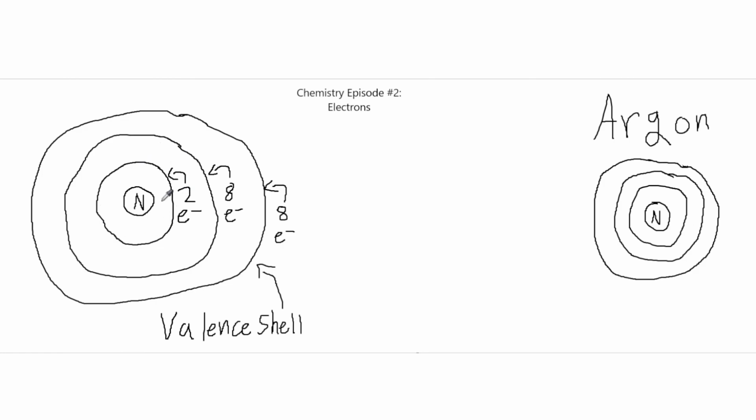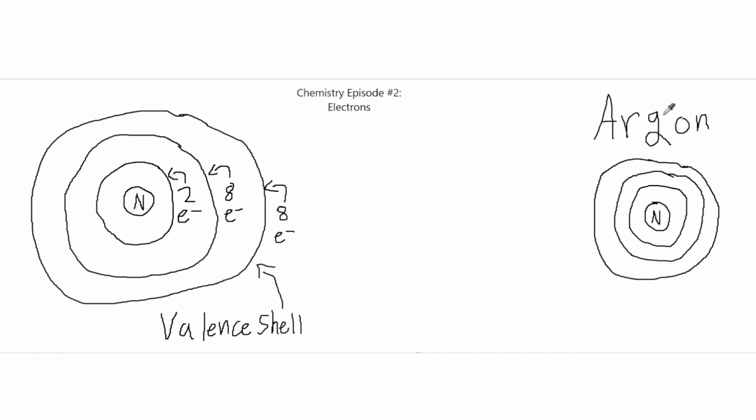And then the second shell, because remember shells work from inside to out, the second shell can at most hold 8 electrons, and the third shell can also at most hold 8 electrons. Now, in later chemistry, that's not going to be true, but for now, the third shell can at most hold 8 electrons. And now, we can worry about this later, the valence shell.